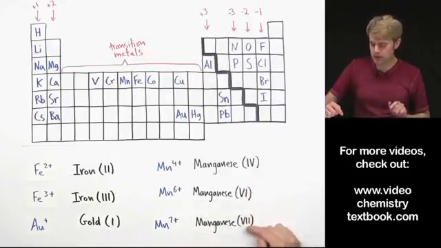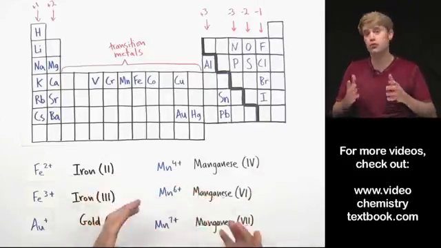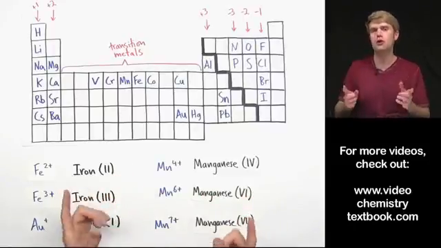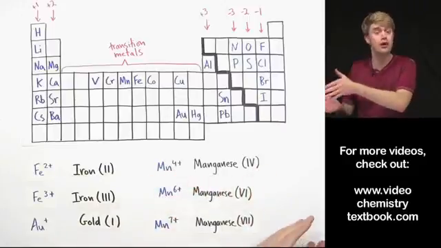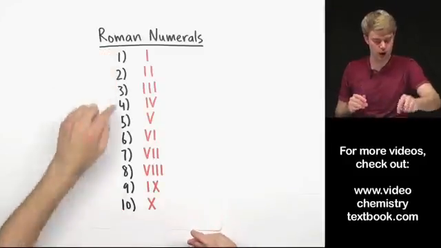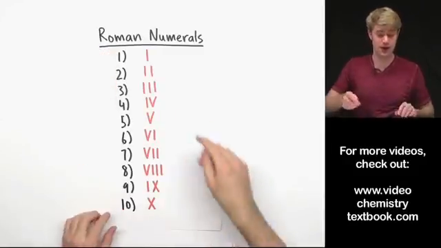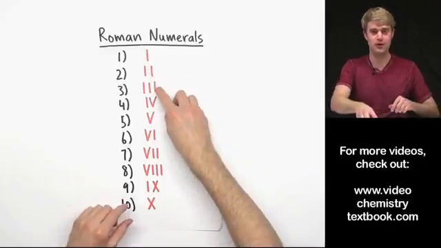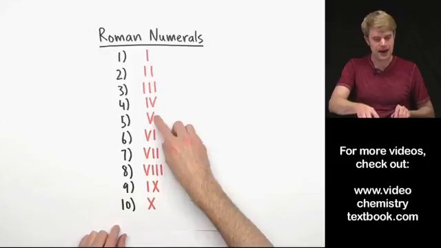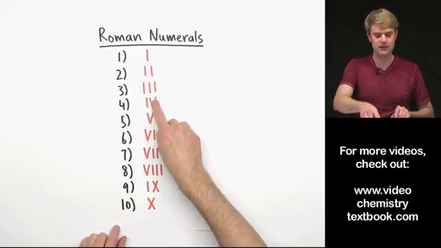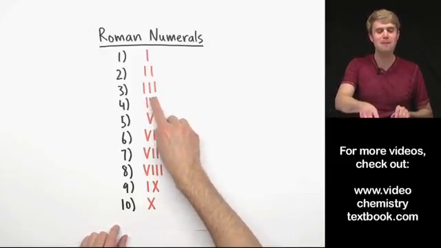Now, you might be a little bit unfamiliar with how to write numbers in Roman numerals, so it probably wouldn't hurt to do a real quick review before we move on. So here's how to write the numbers 1 through 10 in Roman numerals. 1, 2, 3 are pretty straightforward. Then 5 is a V and 4 is an IV because it's 5 minus 1.